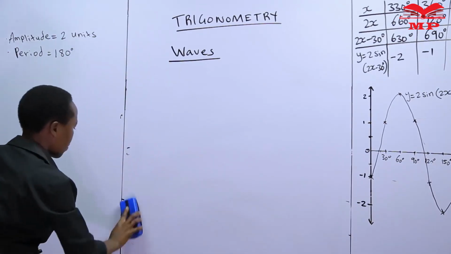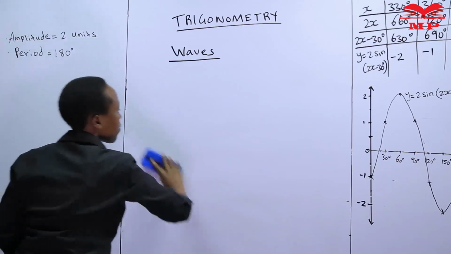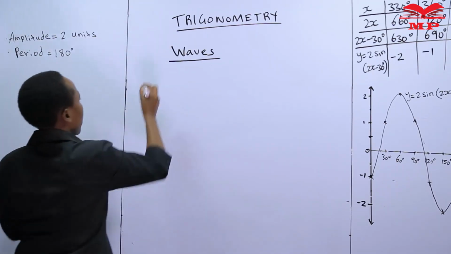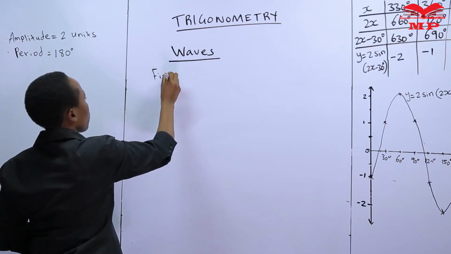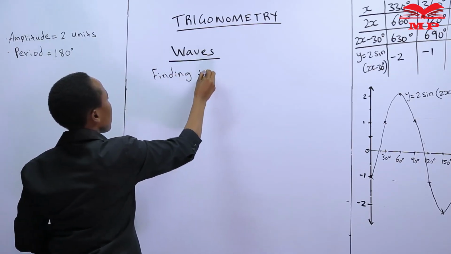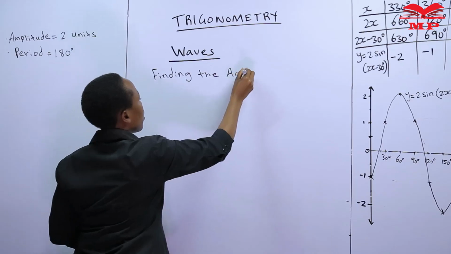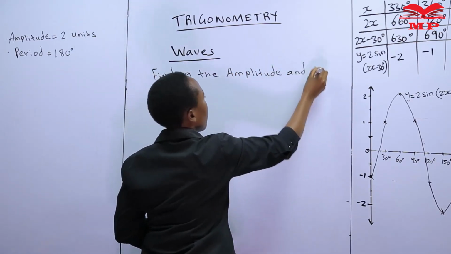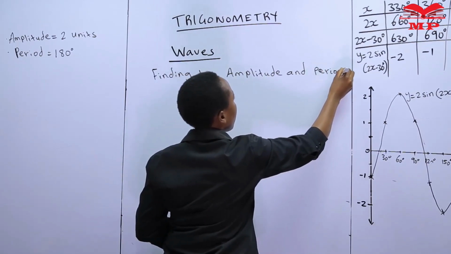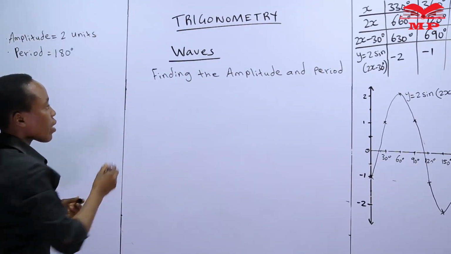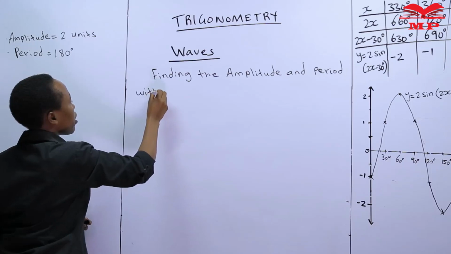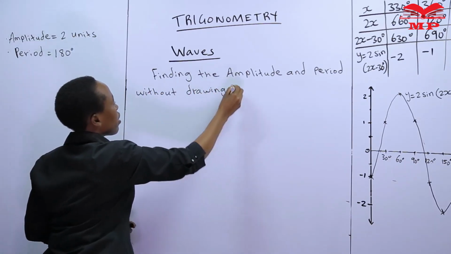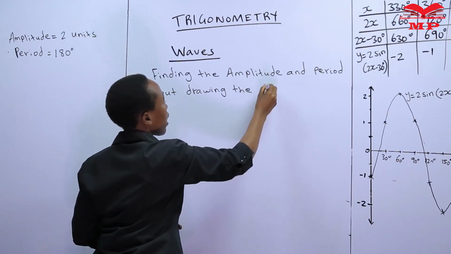And we are going to start by summarizing whatever we have seen after plotting the graphs. So I'd like us to look at finding the amplitude and the period without having to draw the graph.